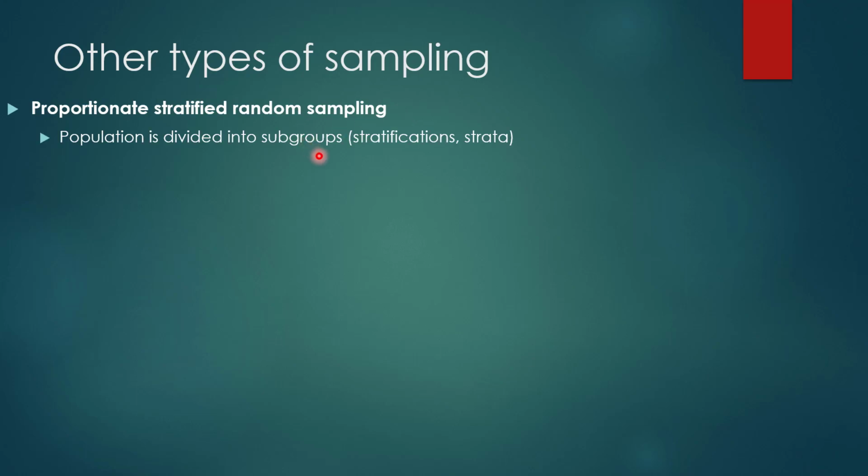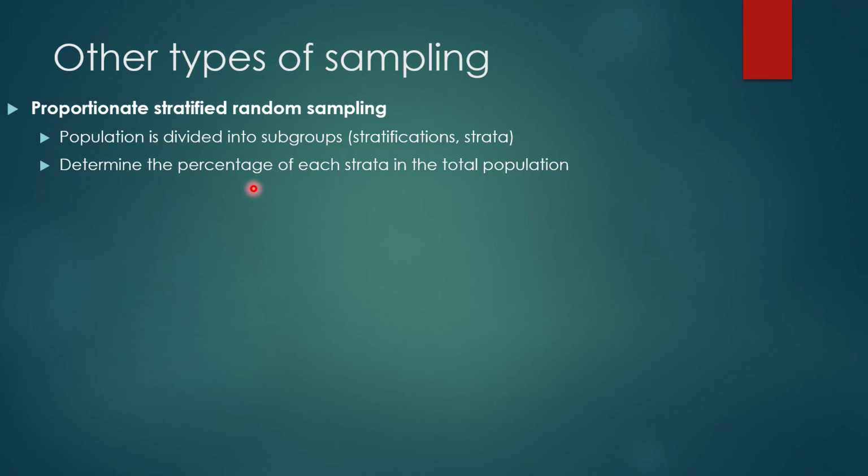So here again, you're dividing your population into subgroups, stratifications, strata, whatever you want to call them. And then you determine the percentage of each strata in the total population. If we're talking about stars or ethnicity or whatever, you don't always have equal representation, right? Maybe it's 20% of this, 30% of that, 50% of this.